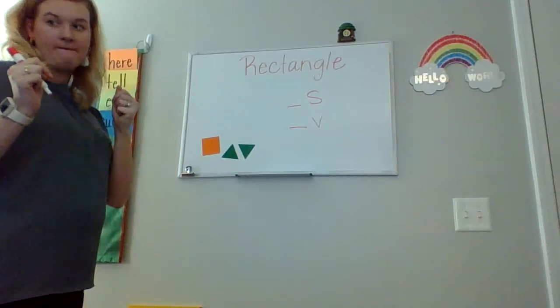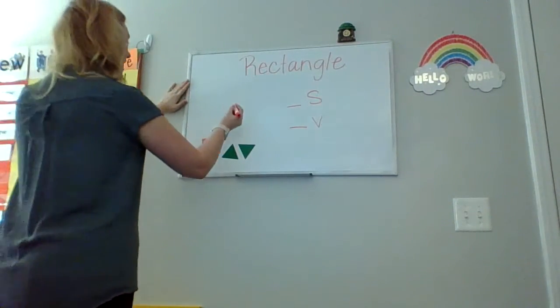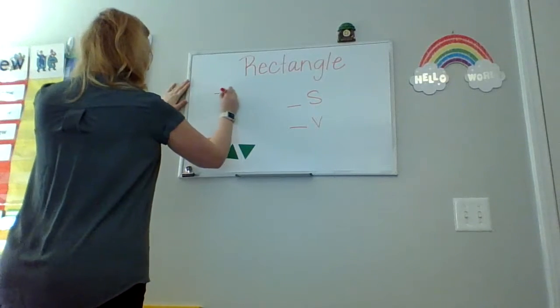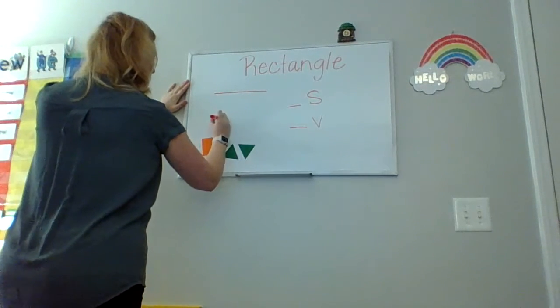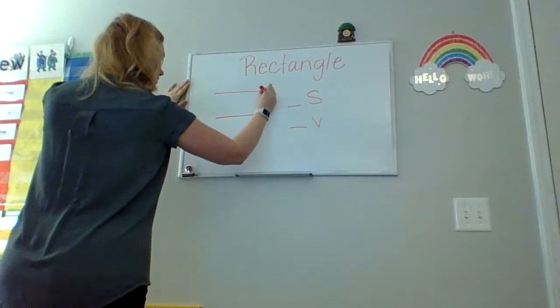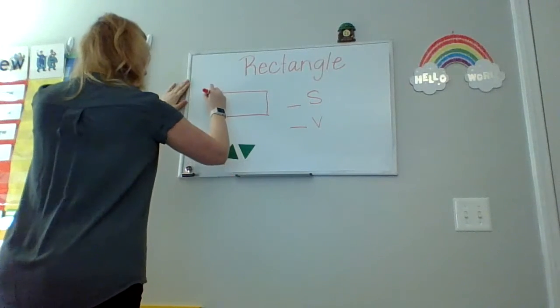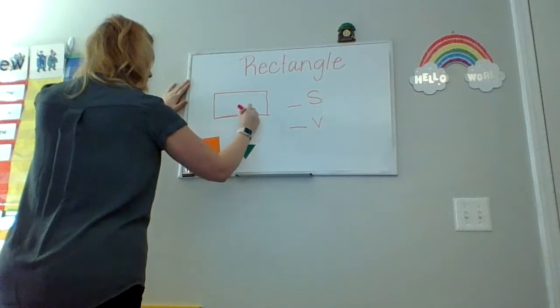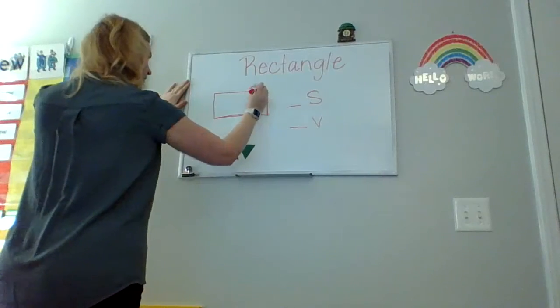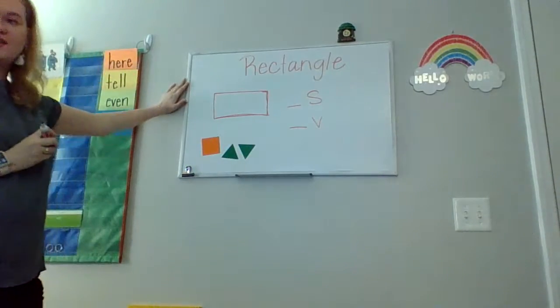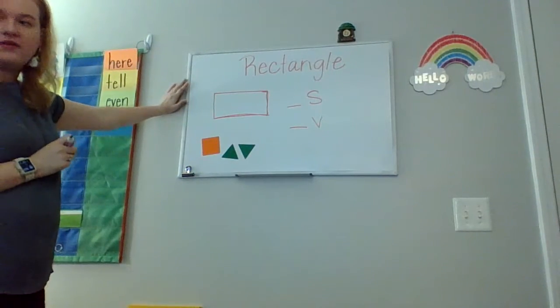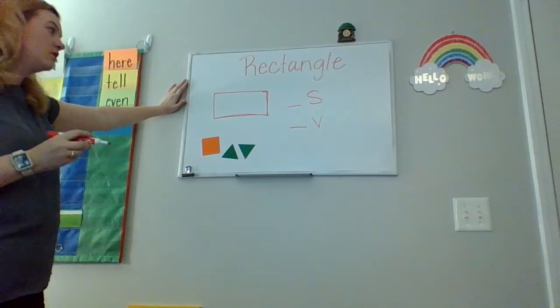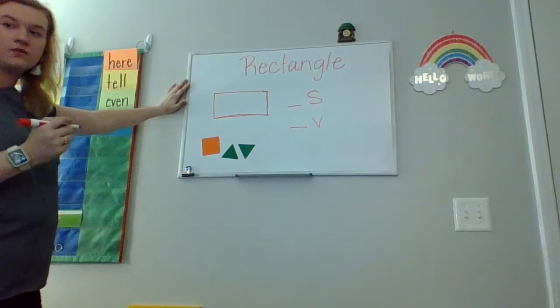Okay, so a rectangle, like I said, has 2 longer sides and 2 shorter sides. How many sides does a rectangle have, Riley? 4.